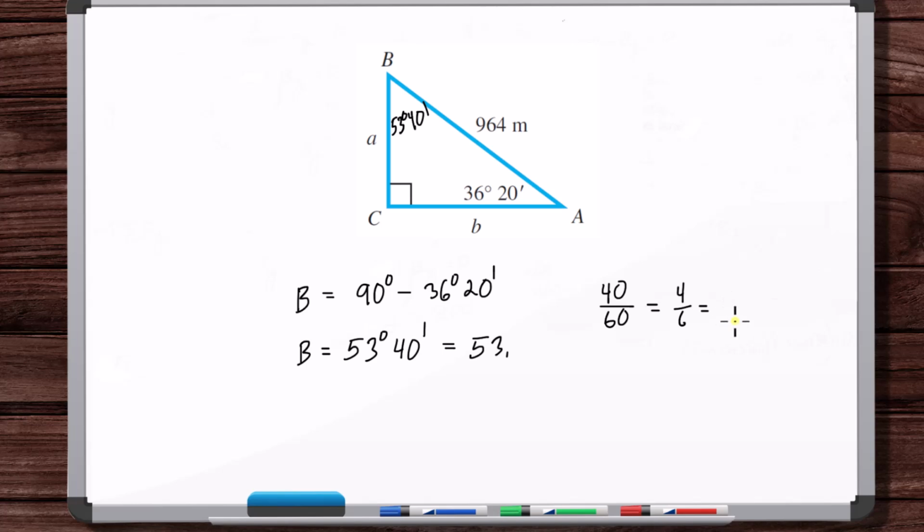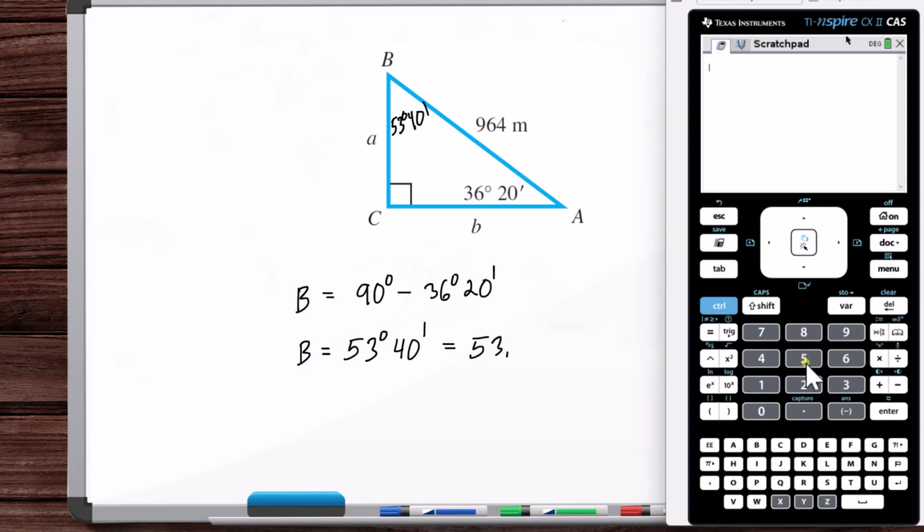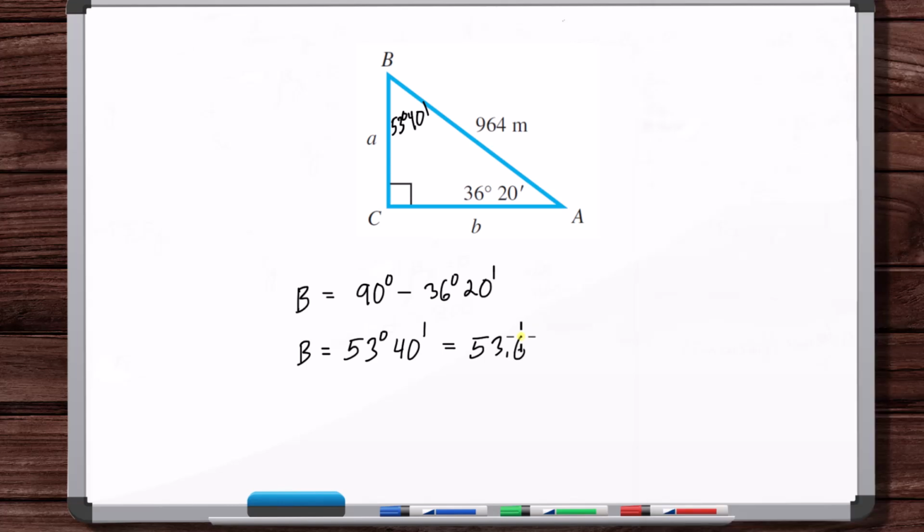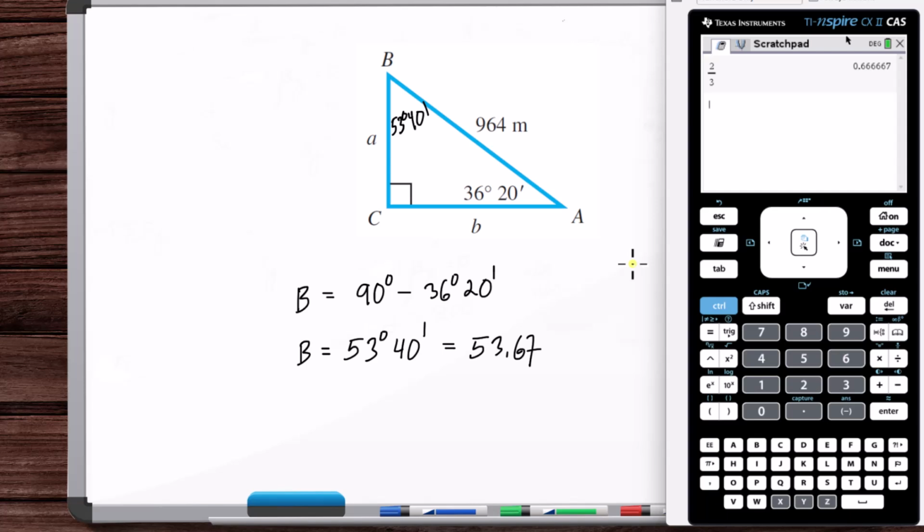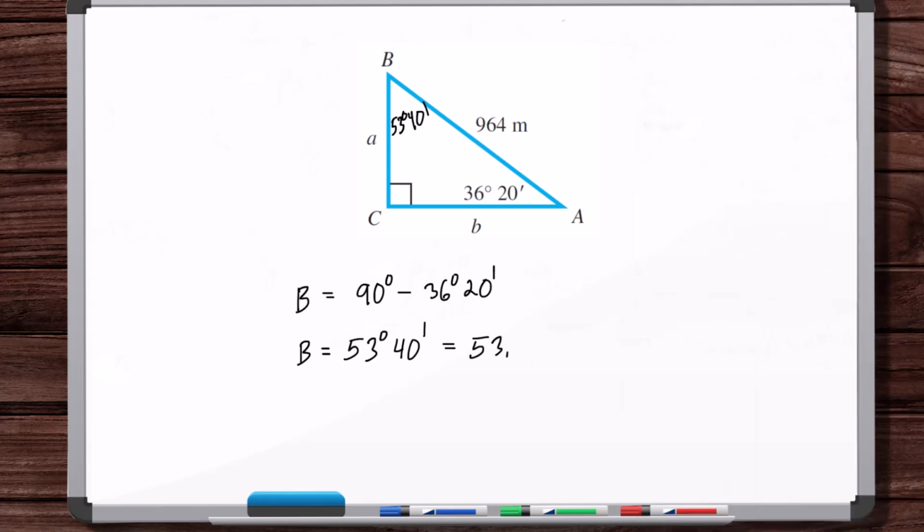So 53 and 2/3, which is 53.666 repeating. Let's try to get the final answer to as many decimal places as possible, so let's use the exact answer. We're not tracking significant digits.